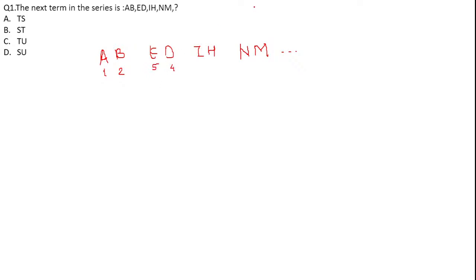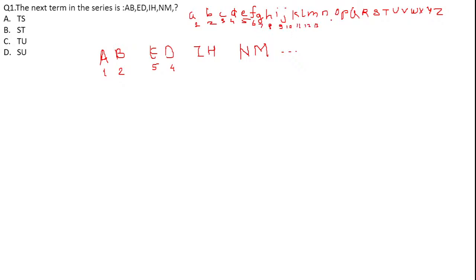Okay, so let's write it down directly. A, B, C, D, E, F, G, H, I, J, K, L, M, N, O, P, Q, R, S, T, U, V, W, X, Y and Z. So this is 1, 2, 3, 4, 5, 6, 7, 8, 9, 10, 11, 12, 13, 14, 15, 16, 17, 18, 19, 20, 21, 22, 23, 24, 25 and 26.